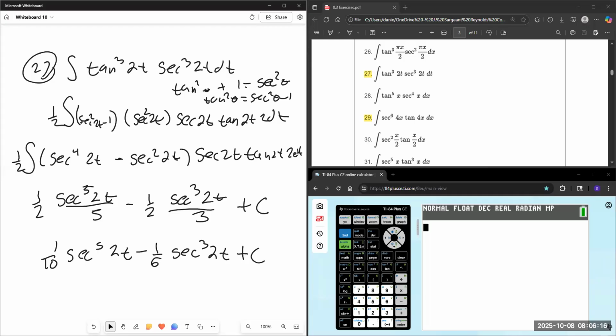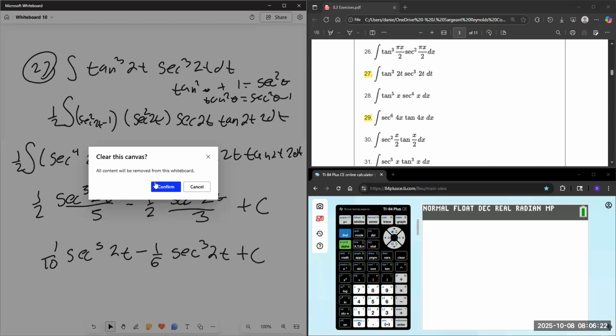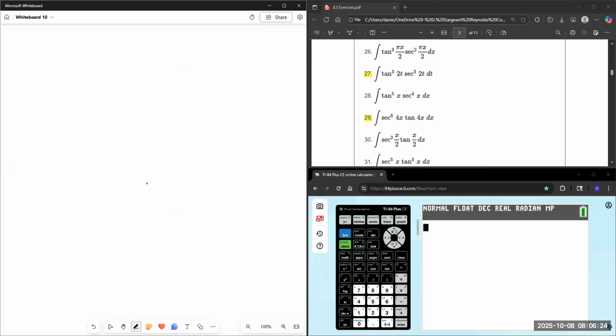All right, let's look at number 29. Says integral secant 6 4x tan 4x dx. I'm going to hold a secant tangent off to the side again.